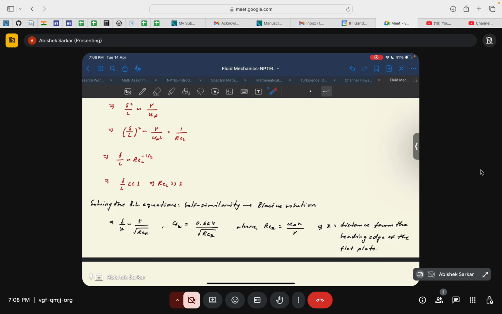Okay, if there's no doubt at all in the boundary layer theory, I will not discuss anything new today. So if no doubt, students might leave the session as well. But if there's any specific doubt regarding the course, they might ask.